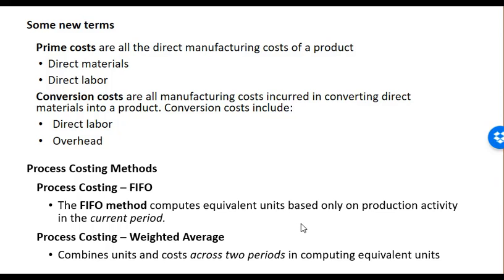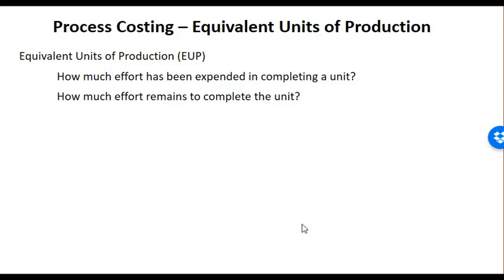So let's go ahead and start out with the basic concept of process costing in terms of equivalent units of production. We went over this to a certain extent in class. Let's just go over it again as a refresher.